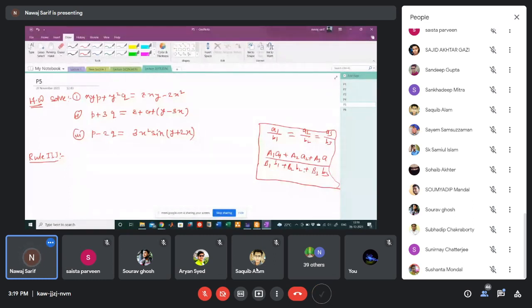So let p1, q1 and r1 be functions of x, y and z. Okay, write down. Let p1, q1 and r1 be functions of x, y and z.